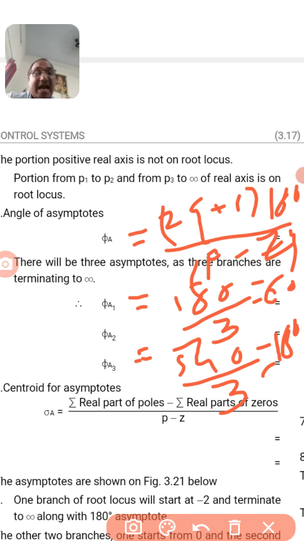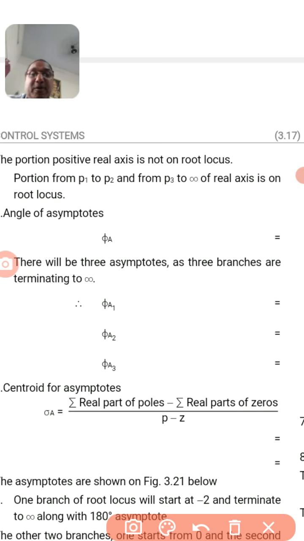Asymptote means the path, the asymptote of the root loci. It is related to your 12th class root locus format.